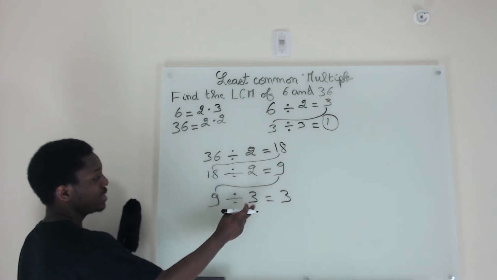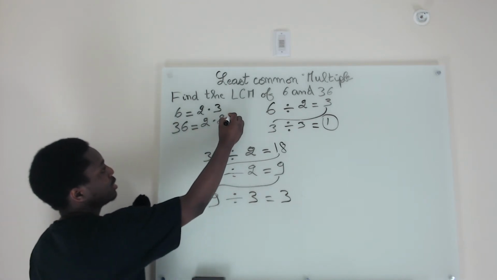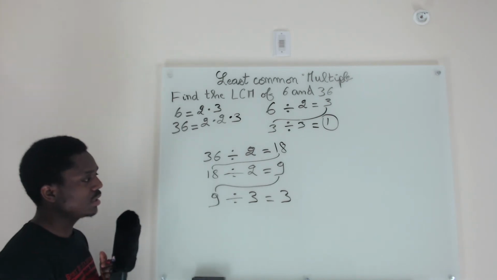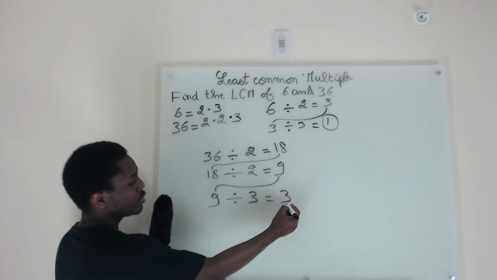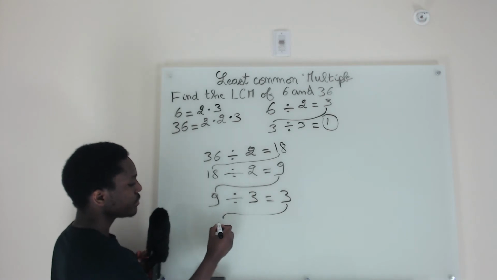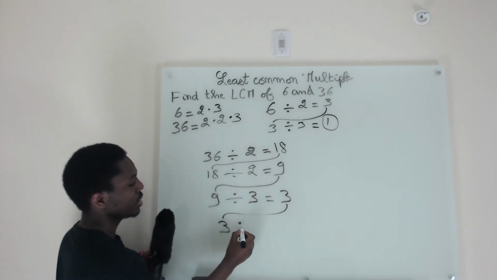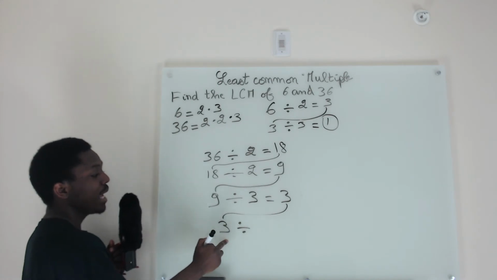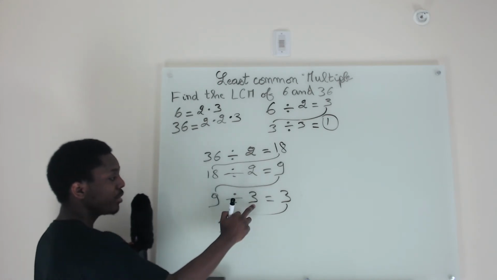Therefore, we can take this 3 right here and multiply it right here times 3. Okay, so we keep performing the division again. So I write the number 3 here. And to which number should I divide this 3 by? I should divide it by the previous number that was in this division.